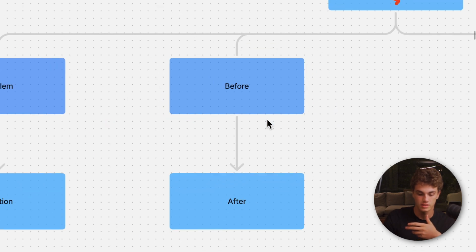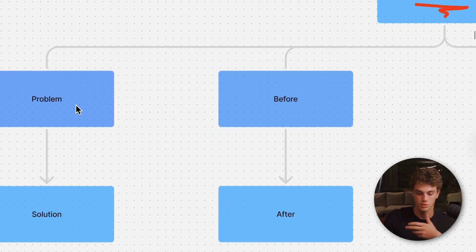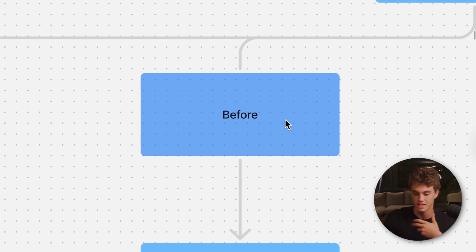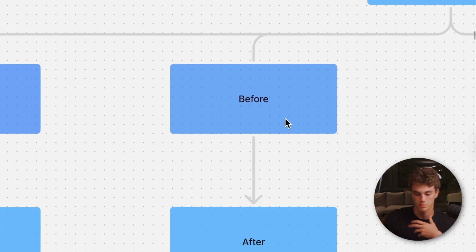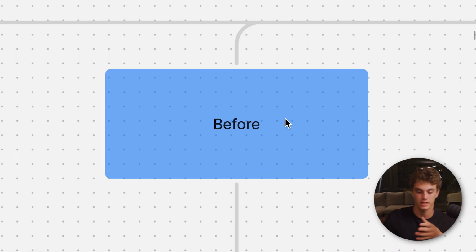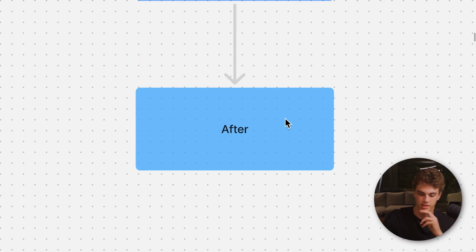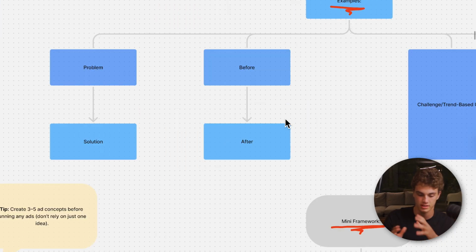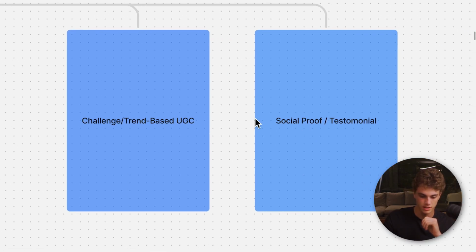Another example of this could be before and after. So not only does this apply kind of similar to the problem ones, but also having for example, skincare products. You show before pictures where people and their insecurity of how they look or how they feel, and then actually having the after effects to fix that problem, and showing that side-by-side comparison can be extremely useful. Another couple of these could be challenges, like trends based, which can be also done through UGC.